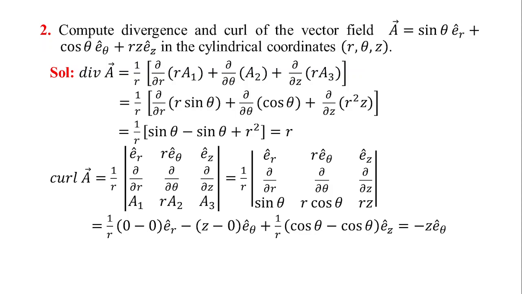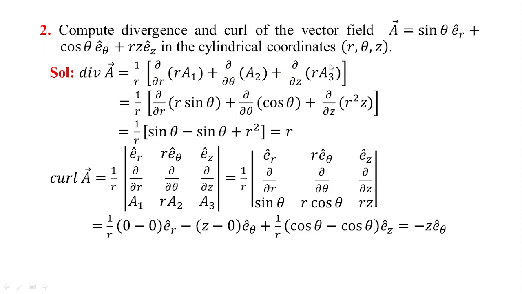Let us take the next problem. Compute the divergence and curl of the vector field A is equal to sin theta er plus cos theta e theta plus rz ez, where sin theta, cos theta and rz are the components of vector A. We know that the divergence of A is equal to this.